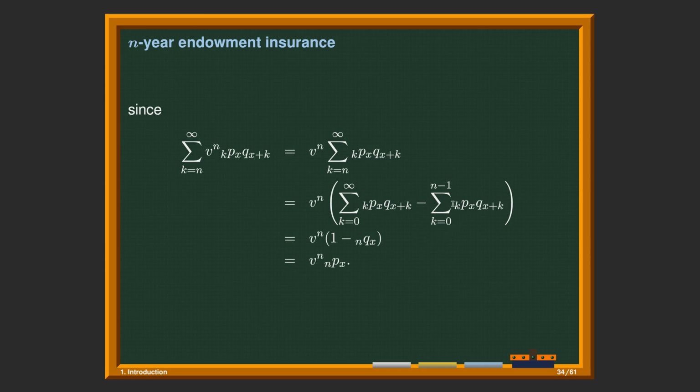The second summation is from 0 to n minus 1. And we know that this is equal to 1, right? This is equal to 1. And this would be nqx. You can reduce that to nqx. And 1 minus nqx is npx. Okay?